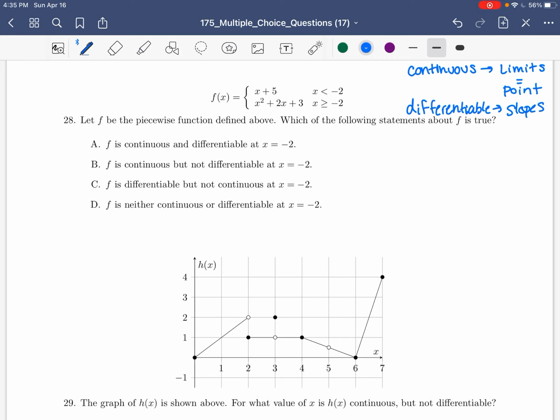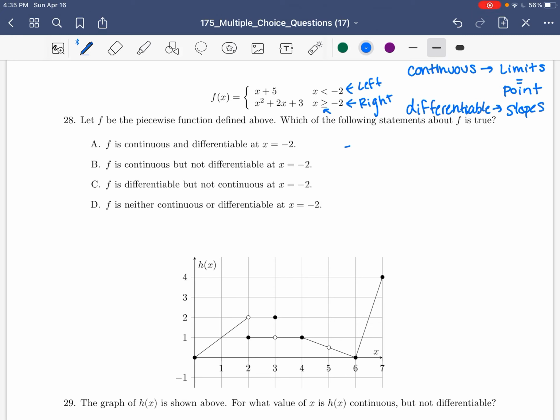So let's first just see if this is continuous. And remember, if it's not continuous, it can't be differentiable. So to see if it's continuous, we're going to make sure the left limit matches the right limit. And notice how this one has the equal to line, so we don't even have to worry about the point.